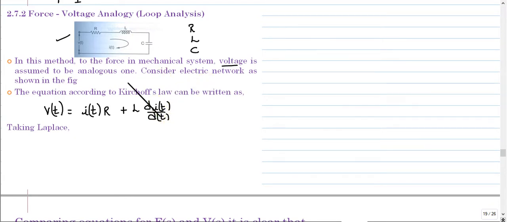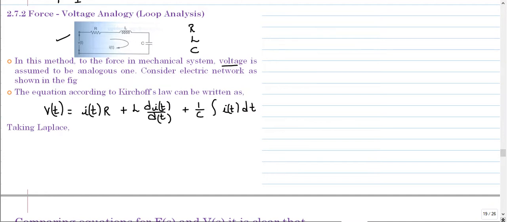Next, in the capacitor it will be 1 by C times the integration of I of t dt. So this will be your equation according to Kirchhoff's voltage law, the voltage drops.